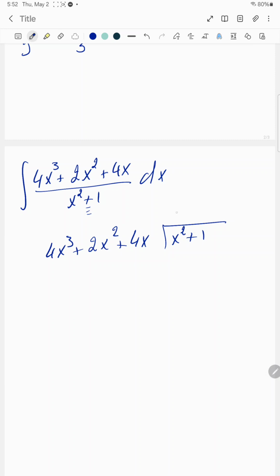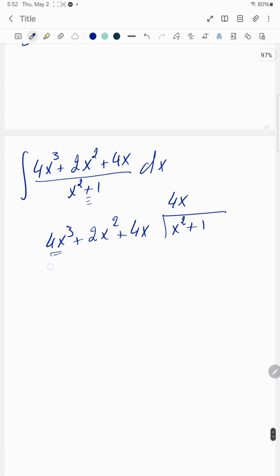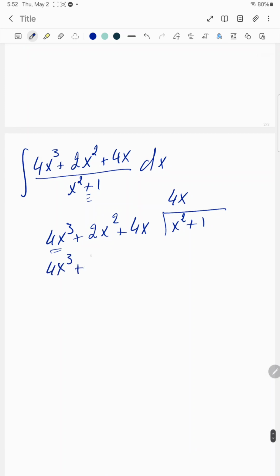So I have to multiply something by x squared to have 4x to the power of 3, so my answer is 4x. 4x times x squared is 4x to the power of 3, and 4x times 1 is 4x, and I have to subtract those. It becomes 0. 4x3 minus 4x3 is 0, plus 2x to the power of 2, and 4x minus 4x is 0.